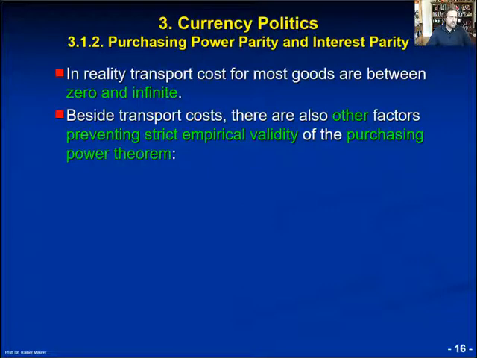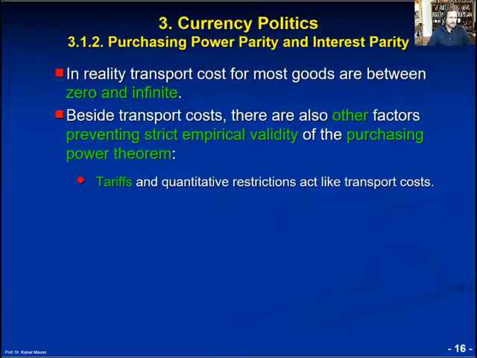Besides transport costs, there are also other factors preventing a strict empirical validity of the purchasing power parity theorem.